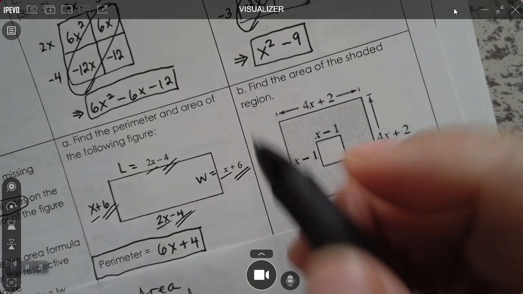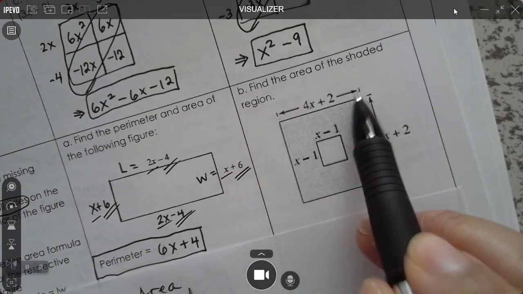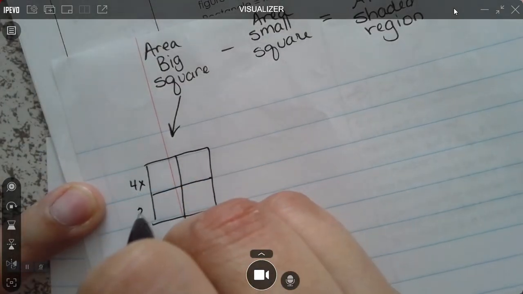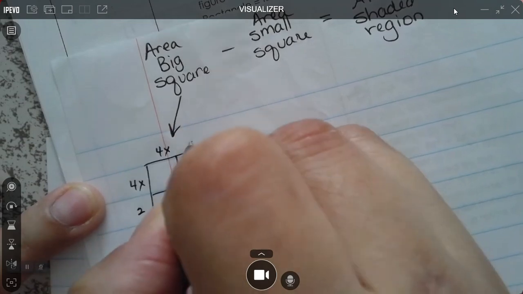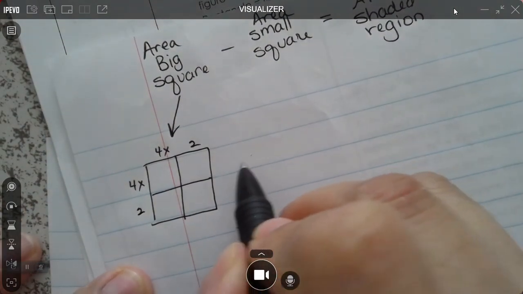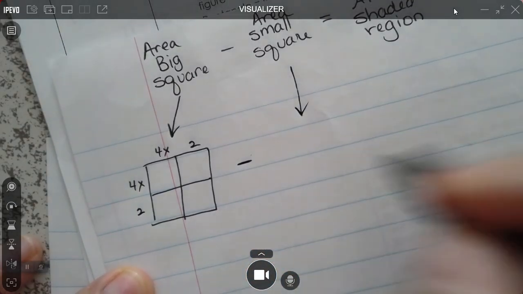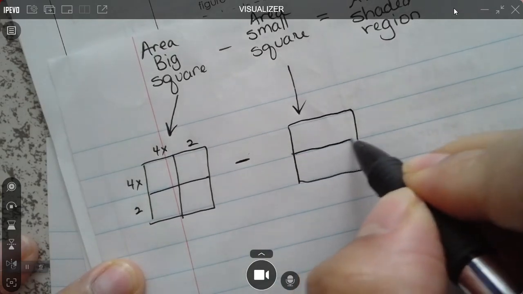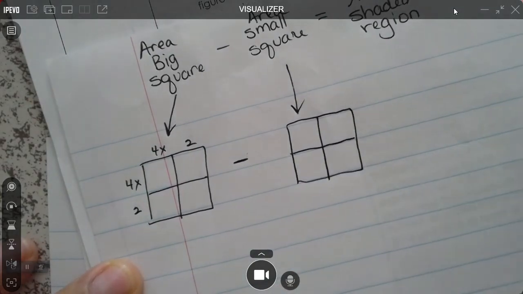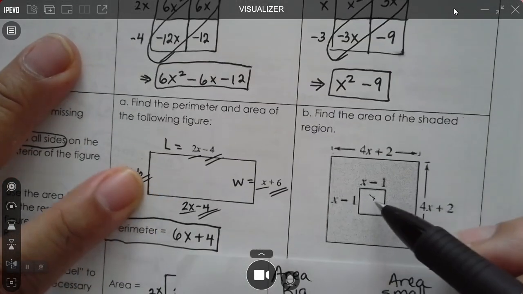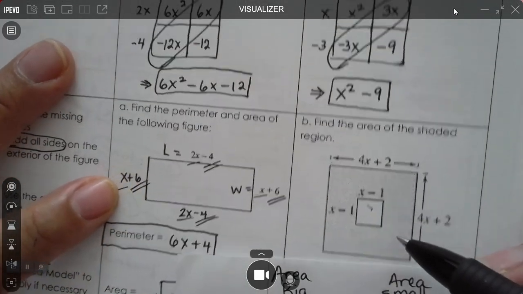All right, do we agree that the big square is 4x plus 2 times 4x plus 2? Okay. Do we agree that the small square is x minus 1 times x minus 1?